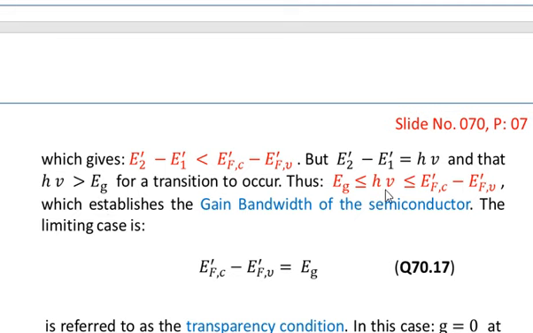Thus we can combine all these inequalities: h nu is greater than Eg, and also h nu is less than EFC prime minus EFV prime, that is the difference between the quasi-Fermi levels in terms of energy. So h nu should be less than that and greater than Eg, which establishes the gain bandwidth of the semiconductor.